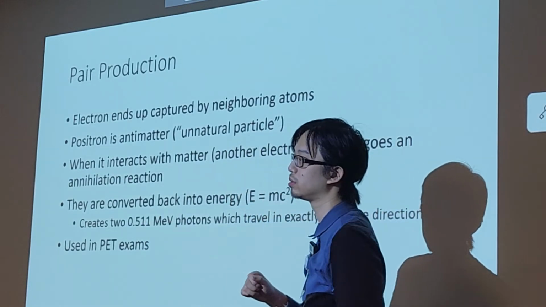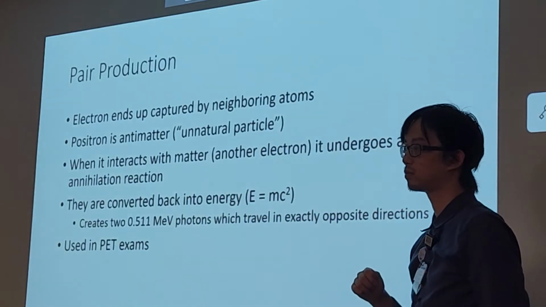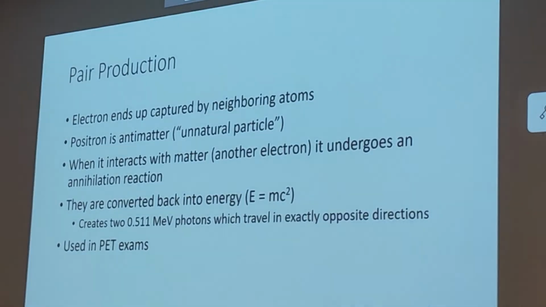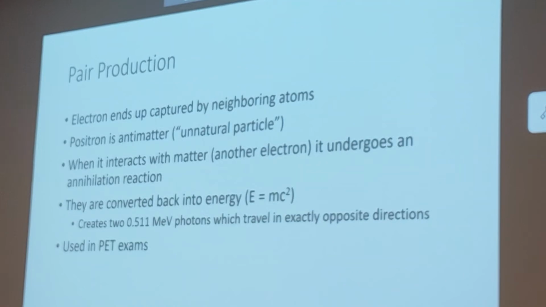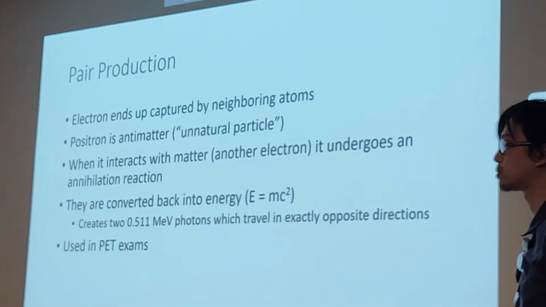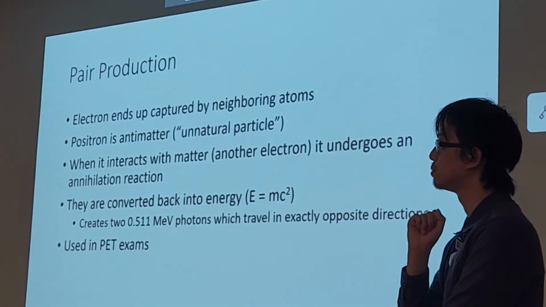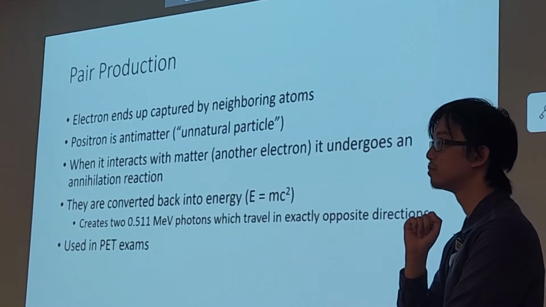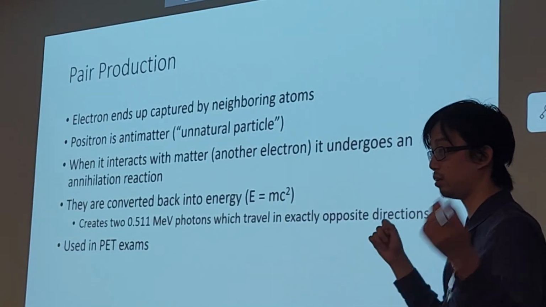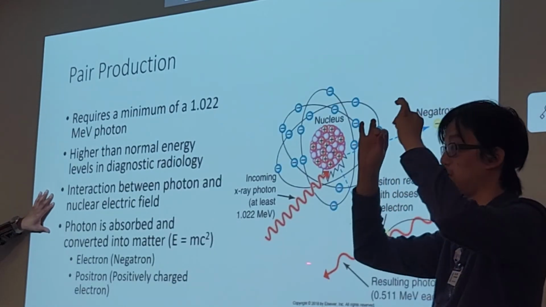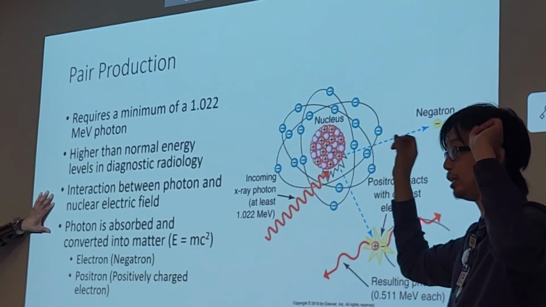When they collide and it makes the two photons, each photon will have that energy. So the two photons created at the end will always equal 0.511. You're talking about the electron and the positron when they are meeting each other, the energy that each of them has.